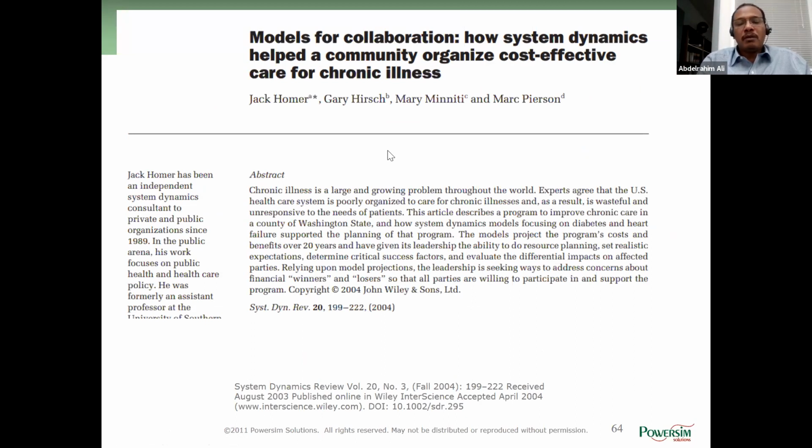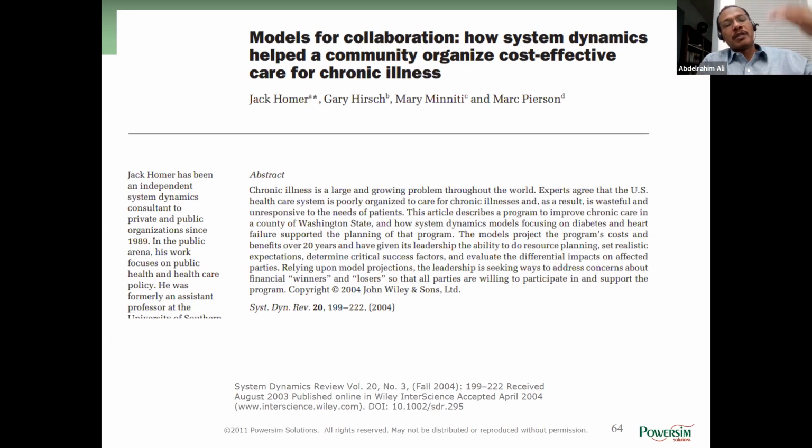They used system thinking and dynamic modeling to build a system in one of the counties in Washington State for care of chronic diseases, bringing different stakeholders together. The community brought the patients, the insurance, and the healthcare workers, and together they built this model for care.